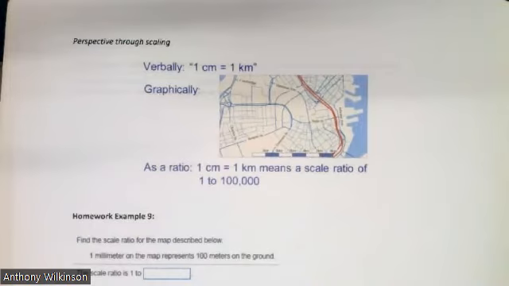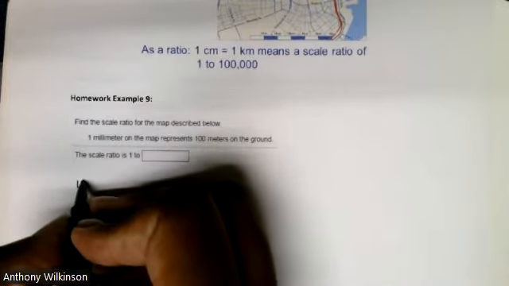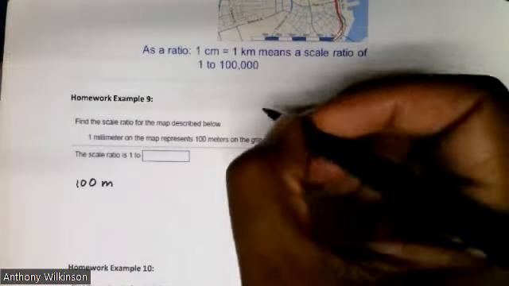In example 9, we want to find the scale ratio for the map described below. 1 millimeter on the map represents 100 meters on the ground. So here you've got 100 meters in this case. Now, let's think about this for a moment.